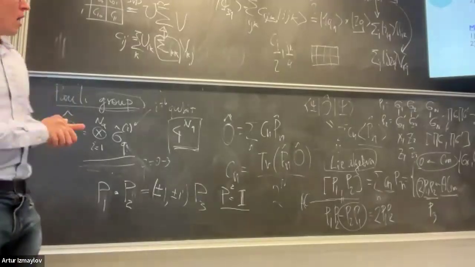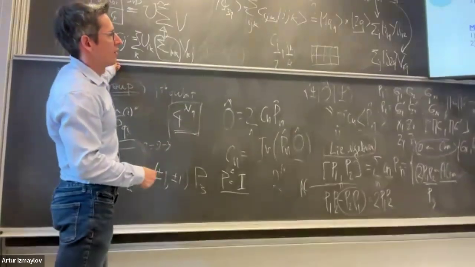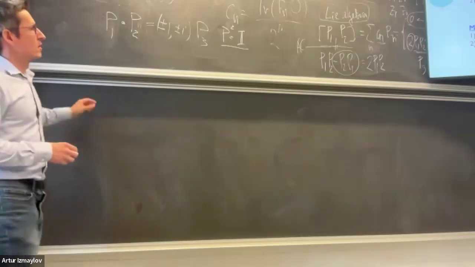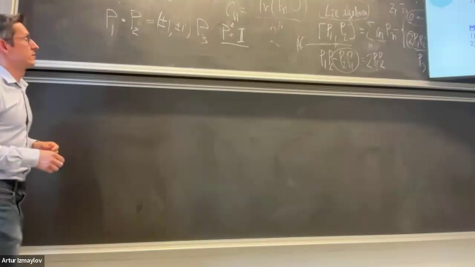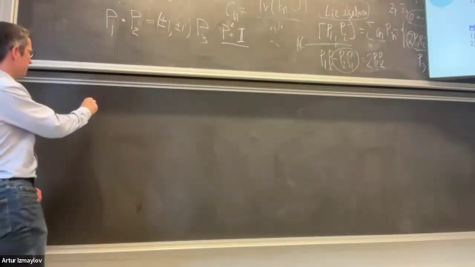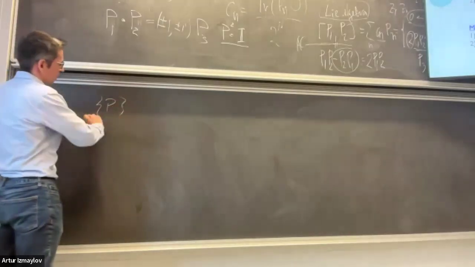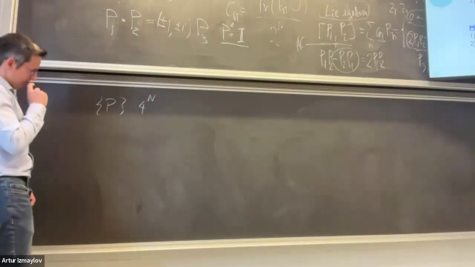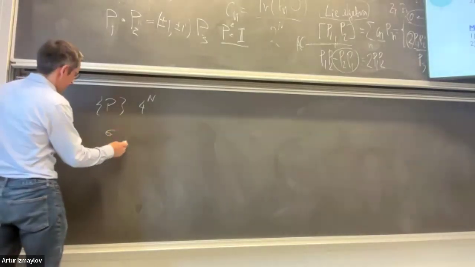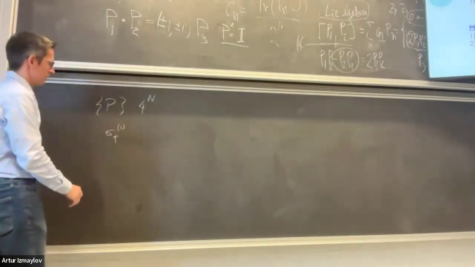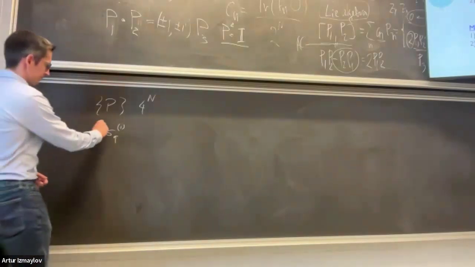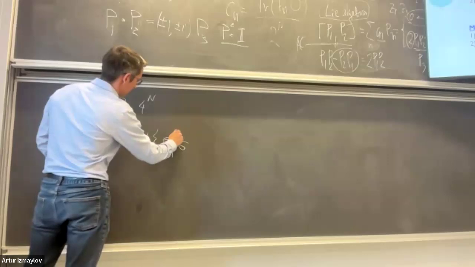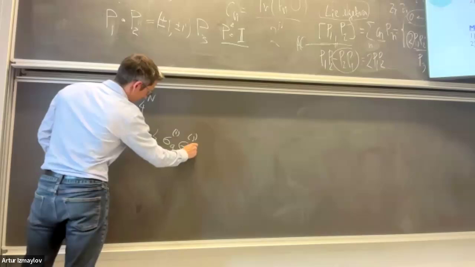What else? Another nice property one can use later, and we will return to this in more detail, is that in order to generate all the Paulis, which is 4 to the n operators, you can take all the single-qubit Paulis, sigma q, and all the two-qubit Paulis.